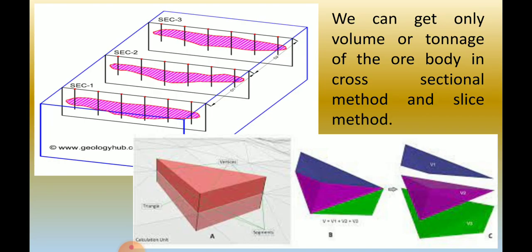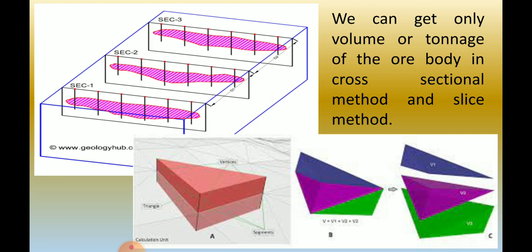Here we can see section number 1. The boreholes which pass through the ore body, the grade of that part of the borehole can be assigned to that part of the ore body, and we can also take some influence.